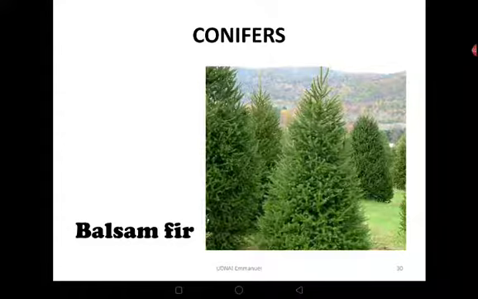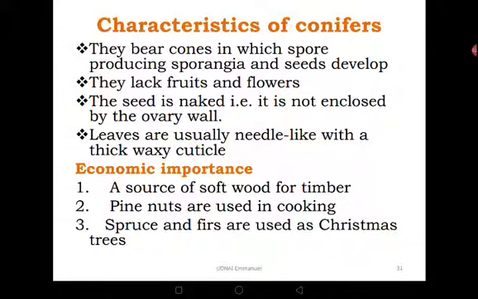You must have seen this one as well, though it's not so common. The Christmas tree we have is also in the fir family, but may not necessarily be the balsam fir. The characteristics of the conifers: they bear cones on which the spore-producing sporangia and seeds develop. So in the cones is where we have the seeds.